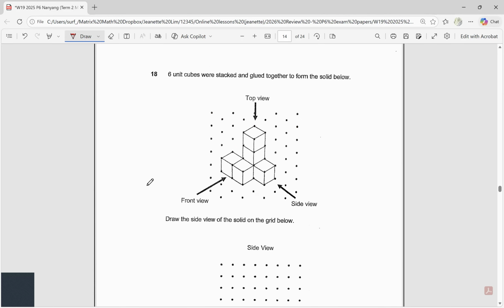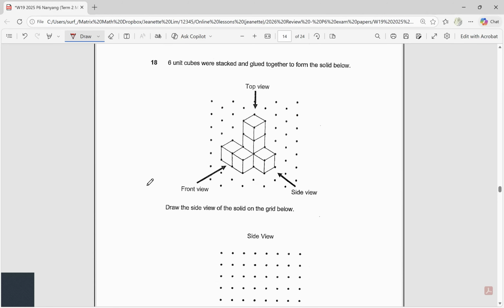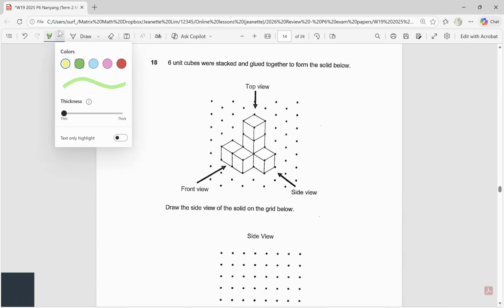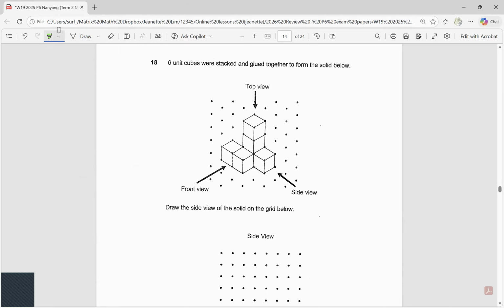Question 18. 6 unit cubes were stacked and glued together to form the solid below. Draw the side view of the solid on the grid below. Okay, so the side view, maybe I just highlight what you're supposed to see from the side view. So we have this square here, and also here.